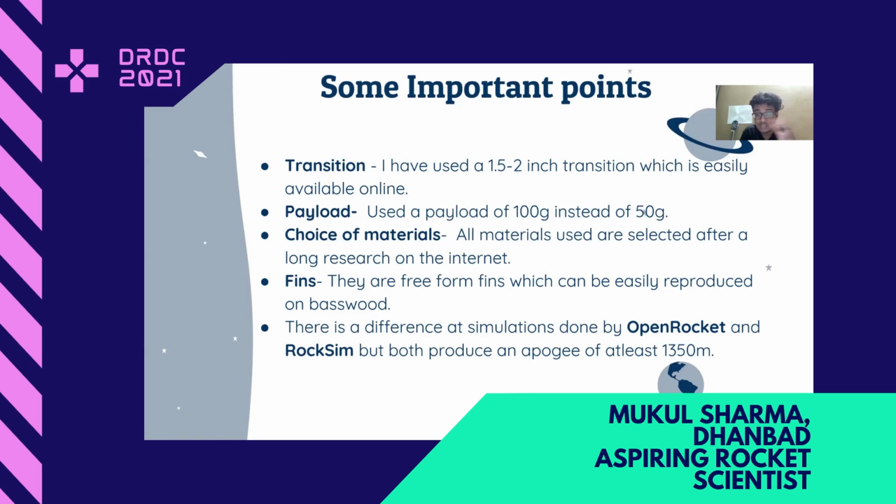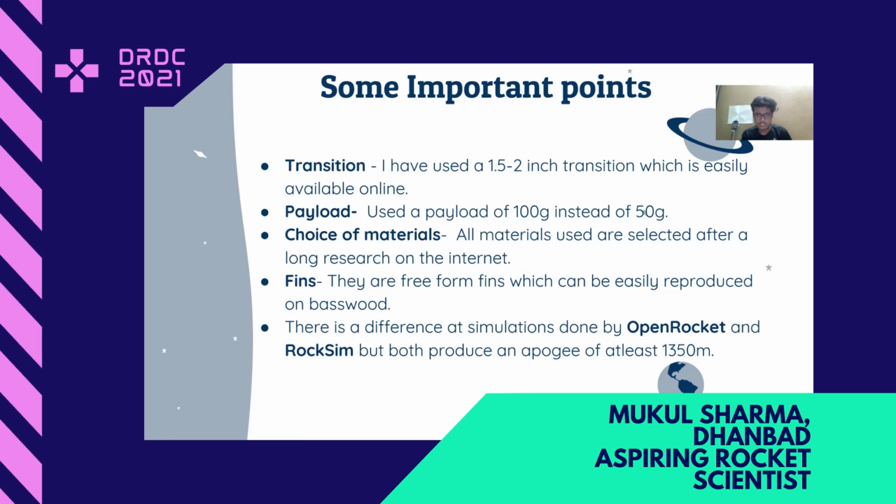There is quite a large difference between simulations done by OpenRocket and Rocksim, but they both produce apogees of at least 1350 meters. I think the simulation done by Rocksim is a little bit more correct, because Rocksim supports the concept of external pods, but OpenRocket doesn't.